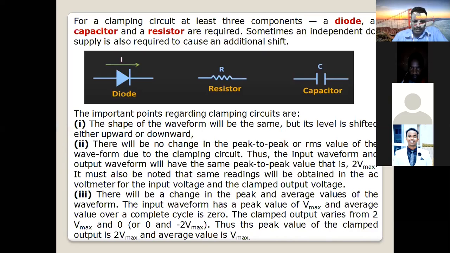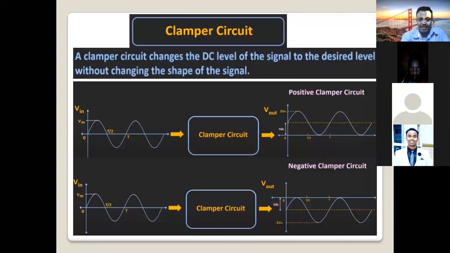Third point, there will be a change. You can see in the slide, there will be a change in the peak value, not peak to peak. Let's go back to our slide here. When you see this signal, what is the peak voltage? 10 volts, right?